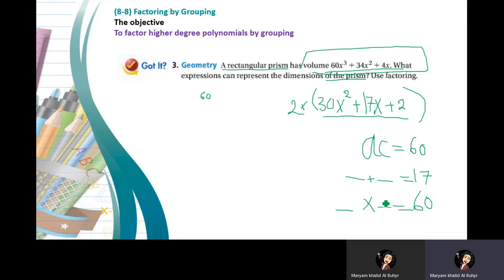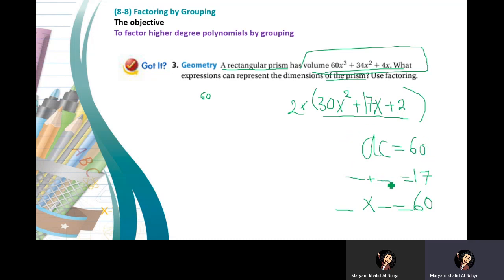So let's try. Maybe we can take other than 2 here. 15, 17, yes, that's correct. 4, so that is 2x, yes, that's correct. So 30 times 2, which is 60.